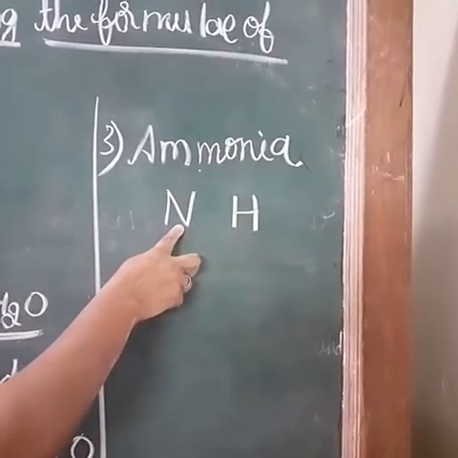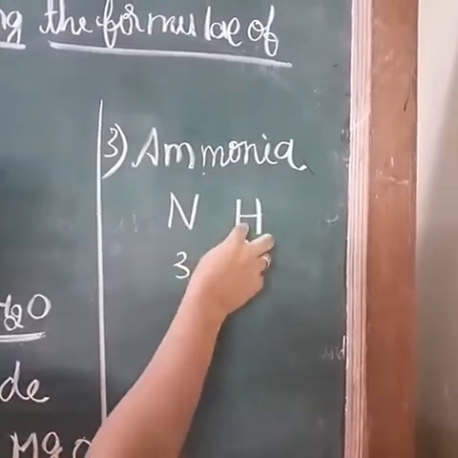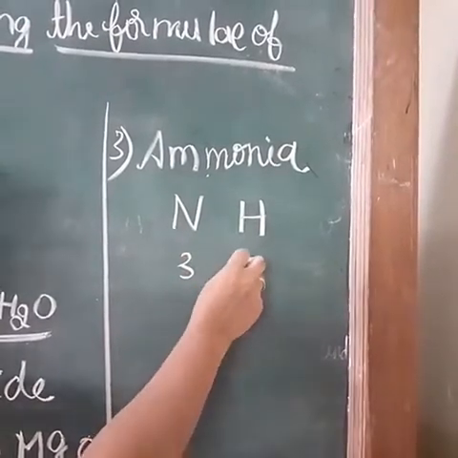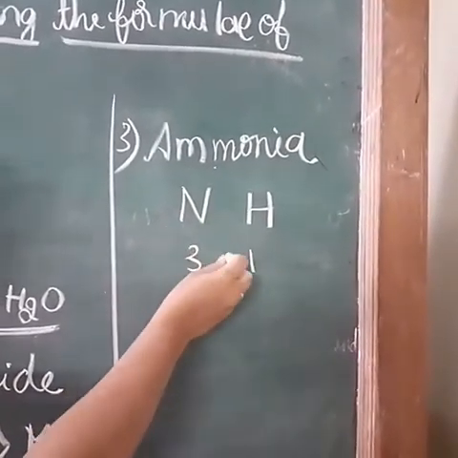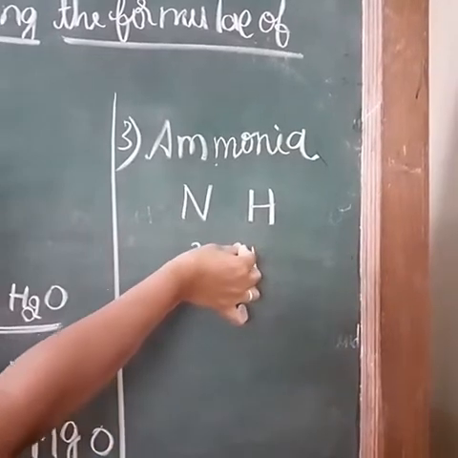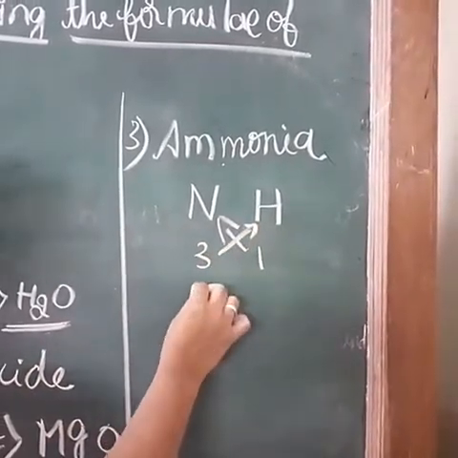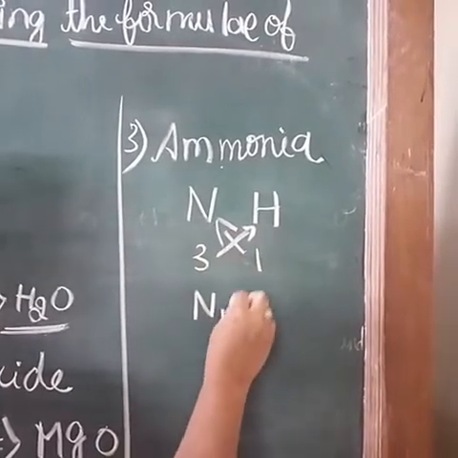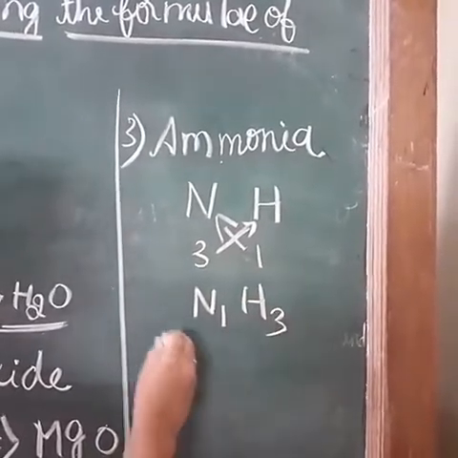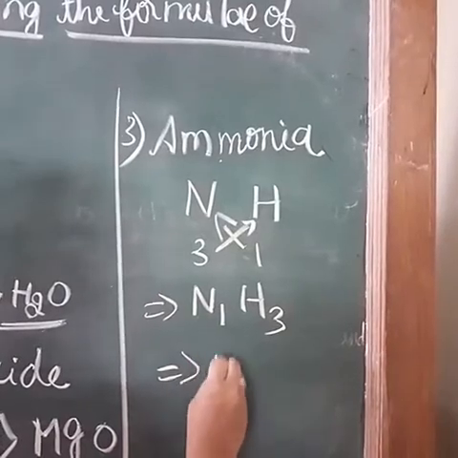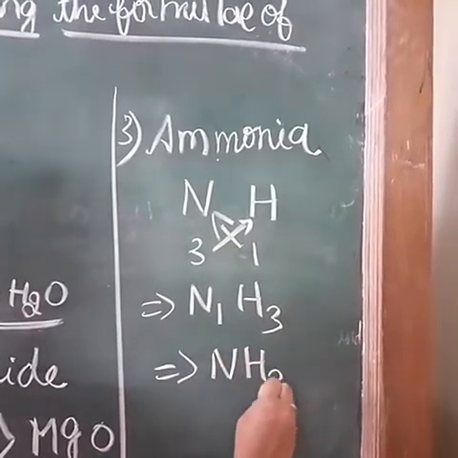The valency of nitrogen is 3 and the valency of hydrogen is 1. Third step, interchange the valencies of the combining elements and write them as subscripts. N1H3, and it can be written NH3.